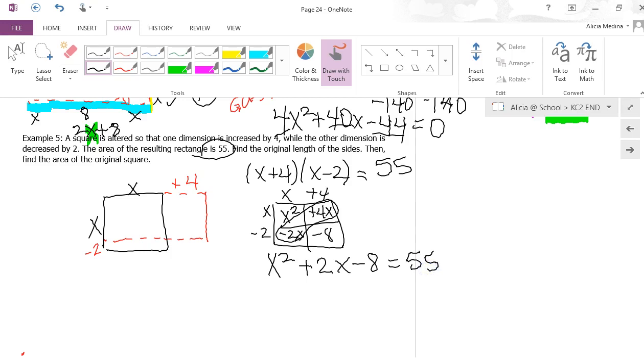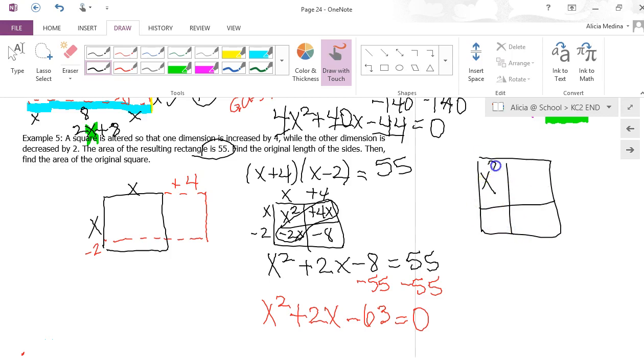I still want my equation equal to 0, so I have to subtract 55 over to the other side. And that's going to give me x squared plus 2x, and then I have that minus 8 and a negative 55. That's going to give me a negative 63 because they're both negatives, equal to 0.